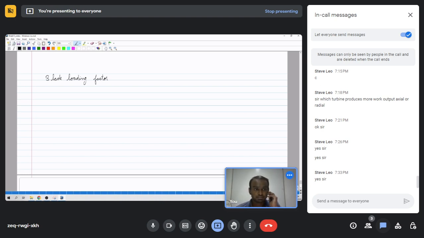What is blade loading factor? It is the loading coefficient. Or if you have any other questions, we can discuss that.